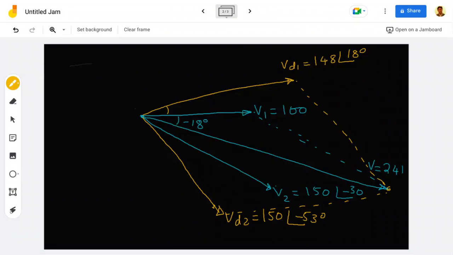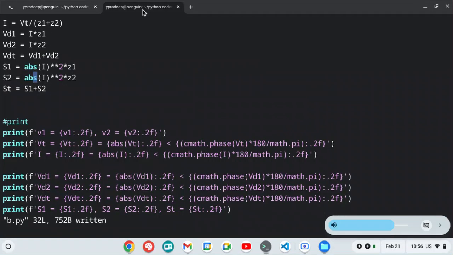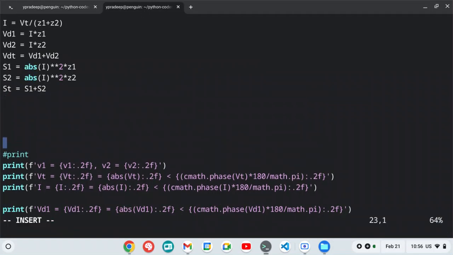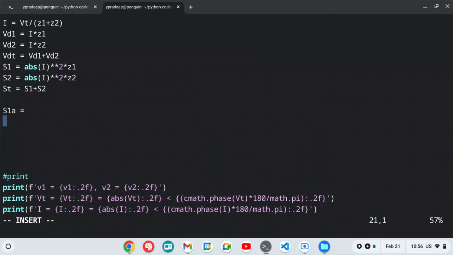Okay. So I know V1, V2, right? So here I will say S1A and S2A. Okay. Just A means alternate way of calculating, right? That is V1 into conjugate of I1. Okay, so I don't know how to find the conjugate.